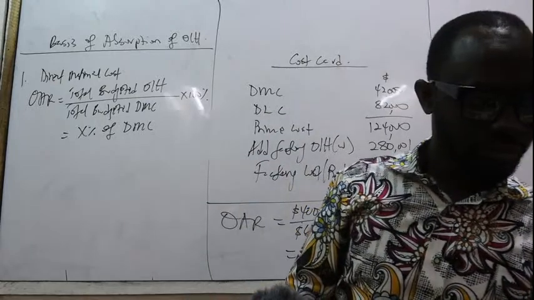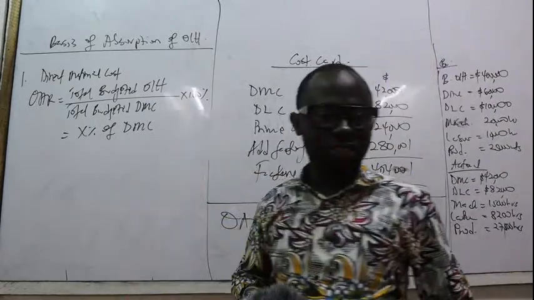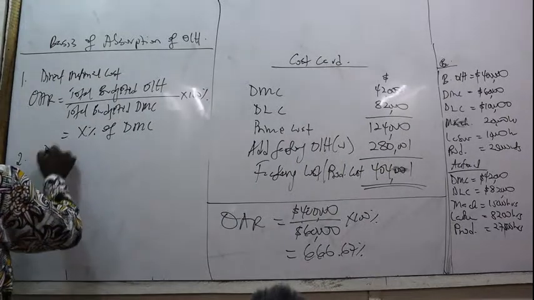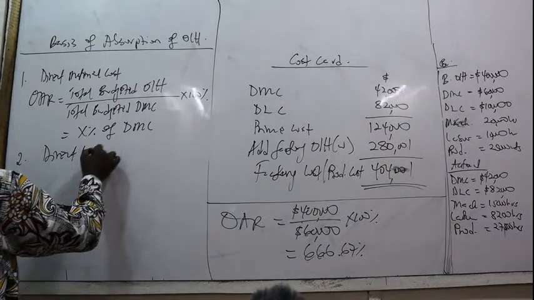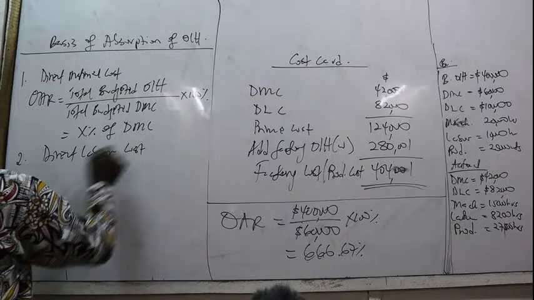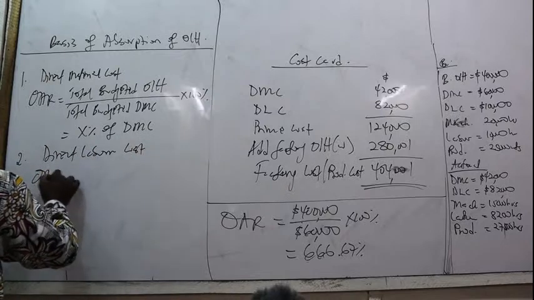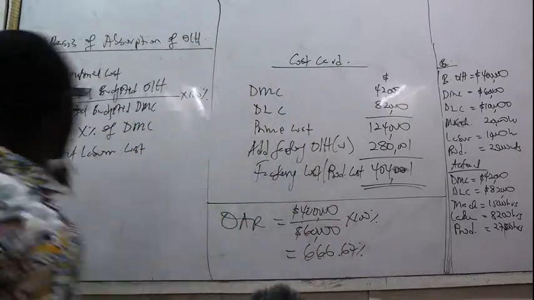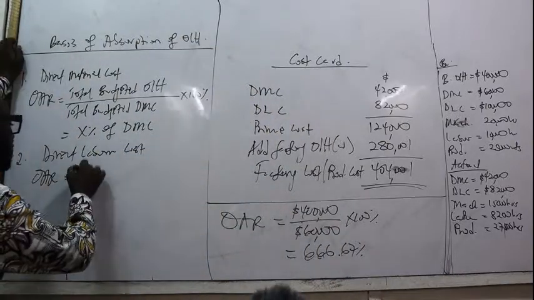Then let's look at the second one, using direct labor cost. In using direct labor cost, the overhead absorption rate, or the overhead recovery rate, the numerator doesn't change.